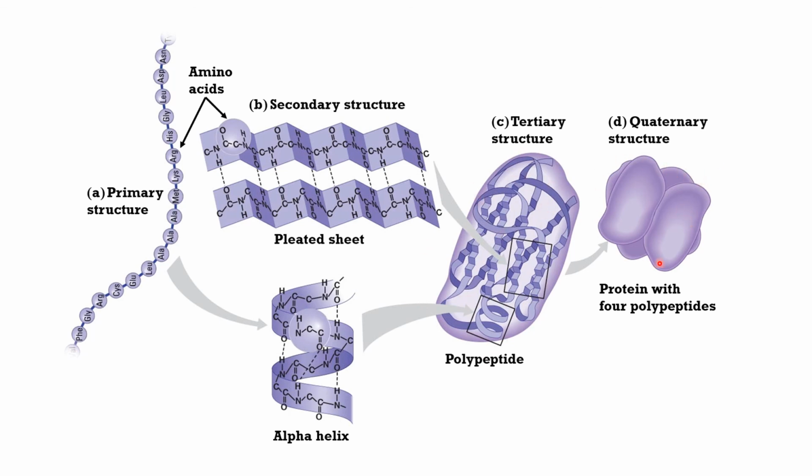Those then will all hook up with each other and they'll make this quaternary structure, which is a protein with 4 polypeptides. It's kind of hard to see them, but there would be 1, 2, it looks like 3, and then 4 back here. So there are 4 polypeptides that have all come together, and so that would be considered a quaternary structure. And just a reminder, primary is 1, secondary 2, tertiary is like a 3rd structure, and quaternary means the 4th level of structure.